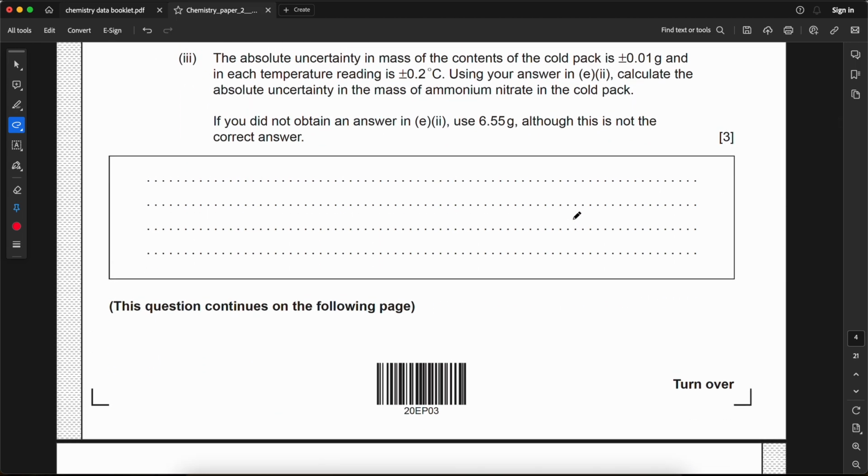The absolute uncertainty in mass of the contents of the cold pack is 0.01 gram, and in each temperature reading is 0.2 degrees Celsius. Using your answer in E2, calculate the absolute uncertainty in the mass of ammonium nitrate in the cold pack. So because it's in each temperature reading, you get 0.2 for the uncertainties.